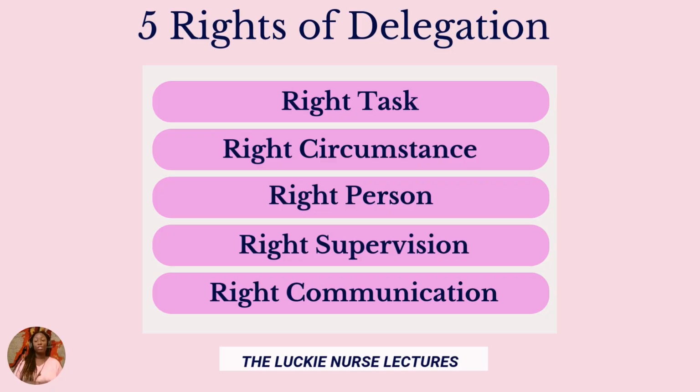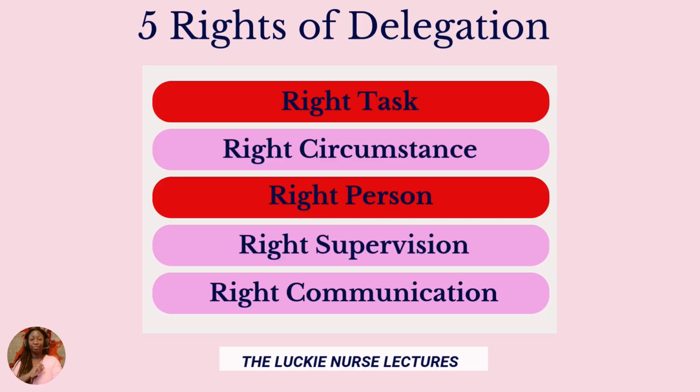All 5 of these are important, and you are going to need to consider all 5 when making decisions on delegation. However, I personally would say that the right task and the right person are going to be the 2 most important rights of delegation.